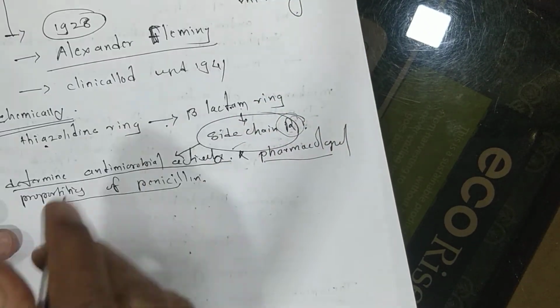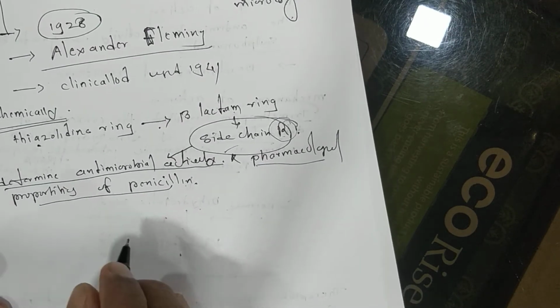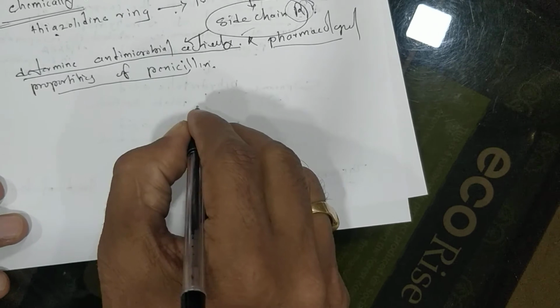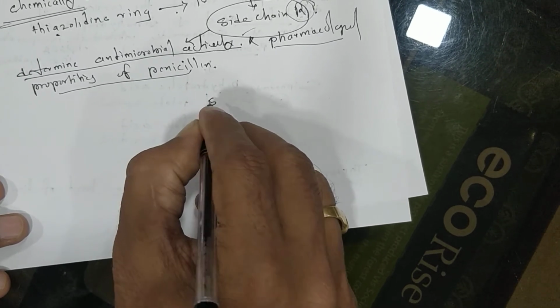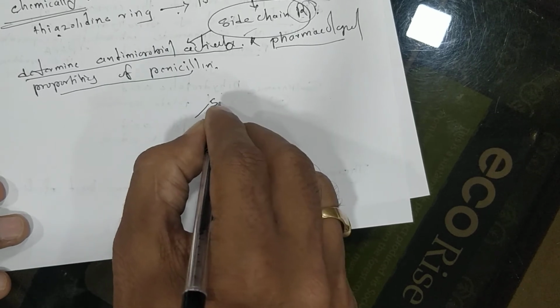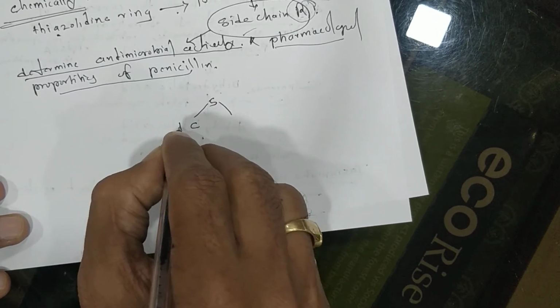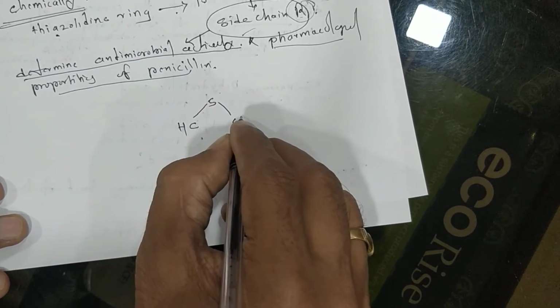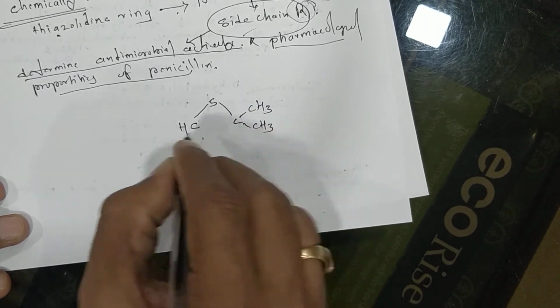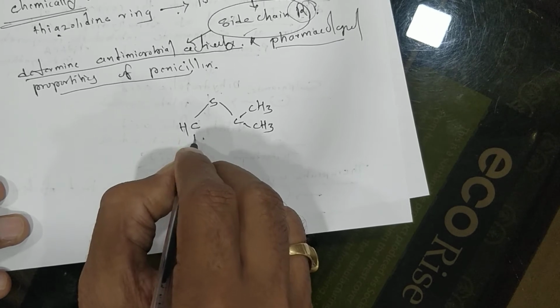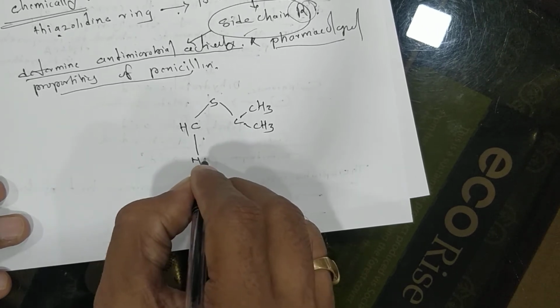Now see this structure. I think in PC2 you know it very well. Draw the thiazolidine ring first. Thio contains S, sulfur, with CH3, CH3. If something is wrong while teaching, make a correction.